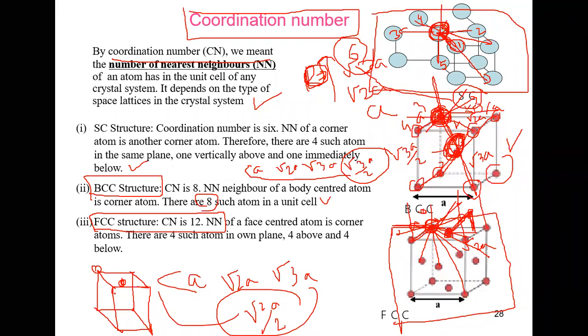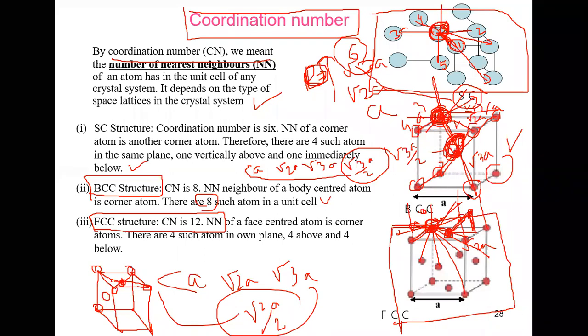So from this face-centered atom, you can put all the corner atoms. Look at yourself over here. This distance is root 2a by 2, this distance is root 2a by 2, this one too, and this one too. So 4 atoms in its own plane. And then the atoms located here are also at a distance root 2a by 2.